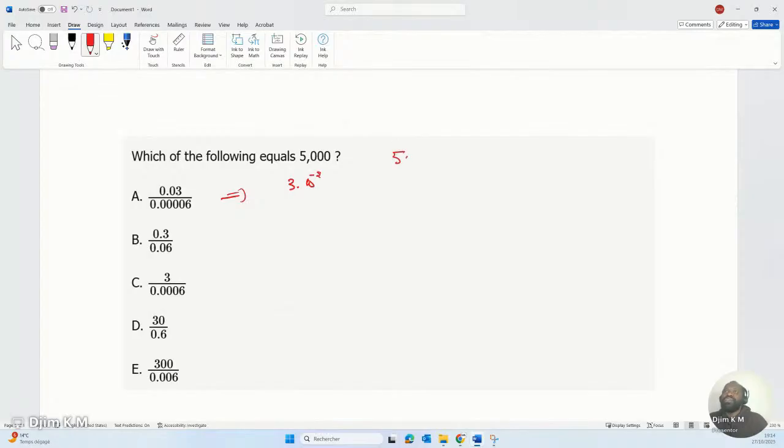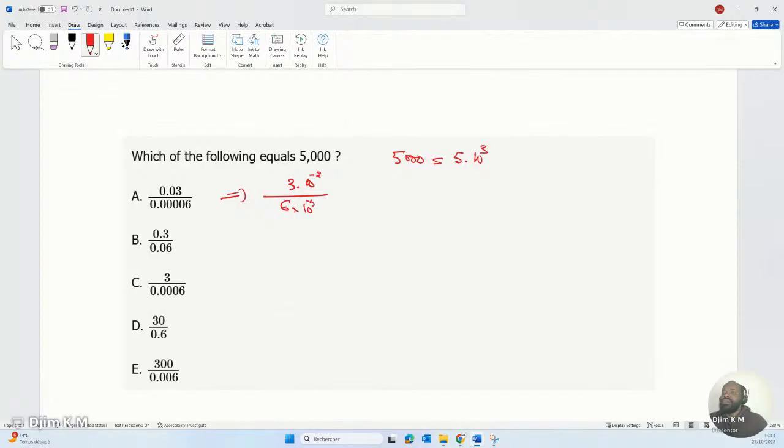But we know 5,000 is actually equal to 5 times 10 to the power 3.